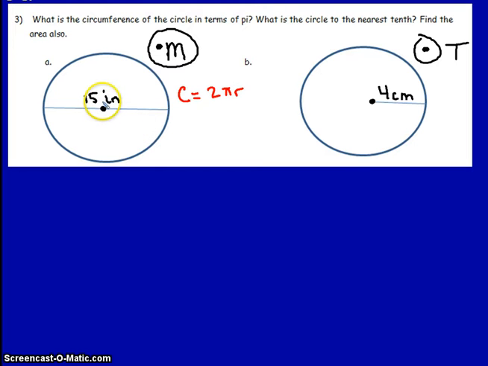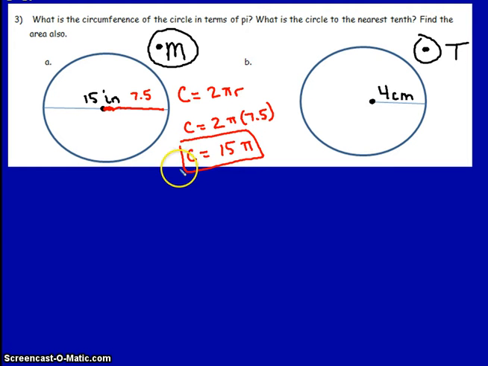Well, we know that if 15 inches is the diameter, then the radius is half that, so the radius is 7.5 inches. And so all we do is we plug in 2 pi times 7.5, which is 2 times 7.5, 15 pi. That is your circumference in terms of pi.